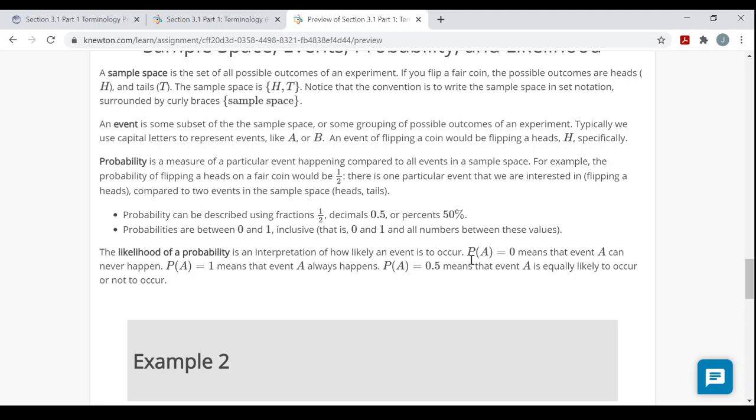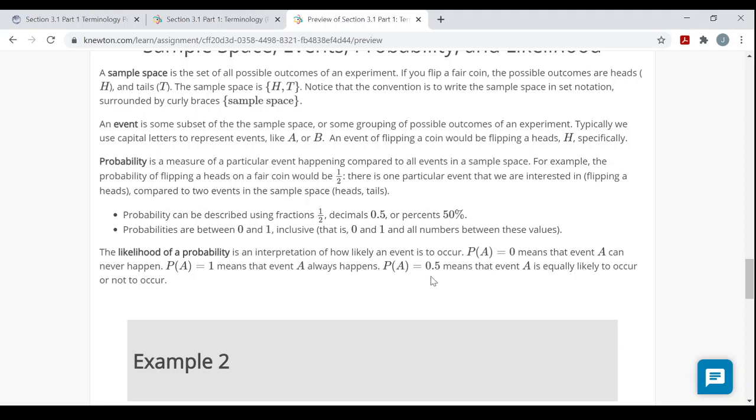If I say that the probability of event A occurring equals 0, that means that event A is impossible. It can never happen. On the other hand, if I say the probability of event A equals 1, that means that event A will always happen. It is guaranteed to occur.